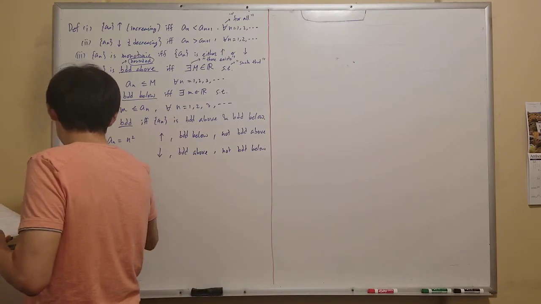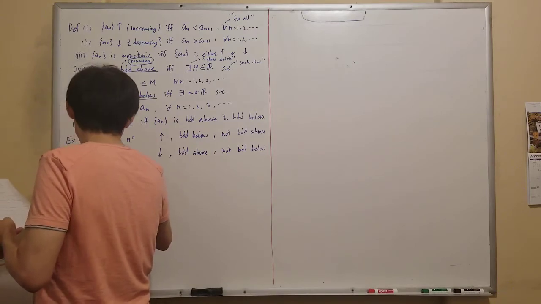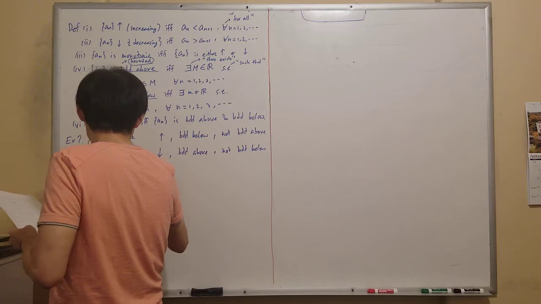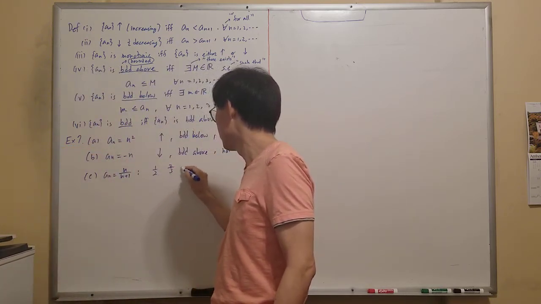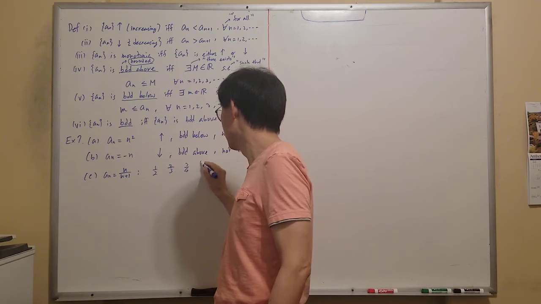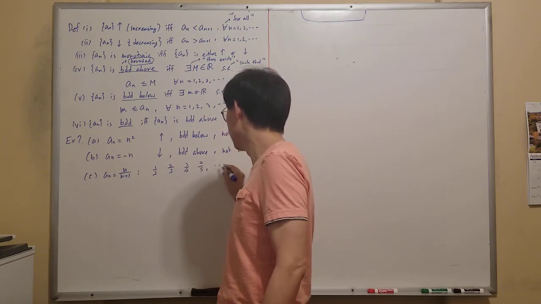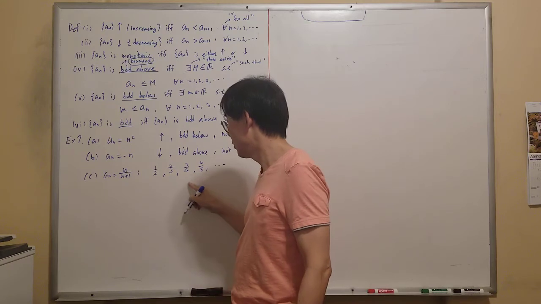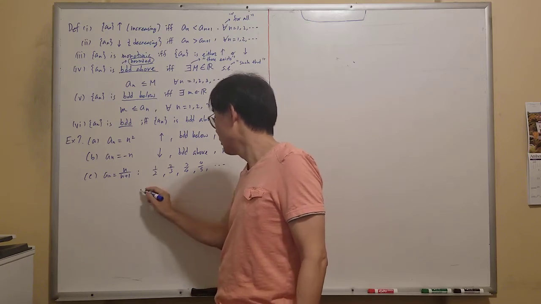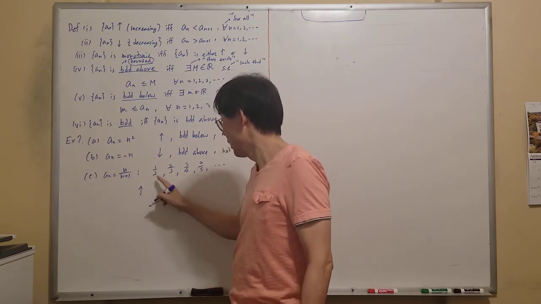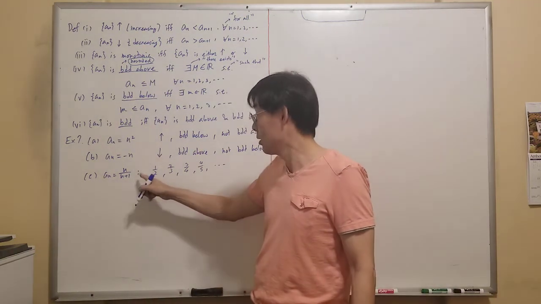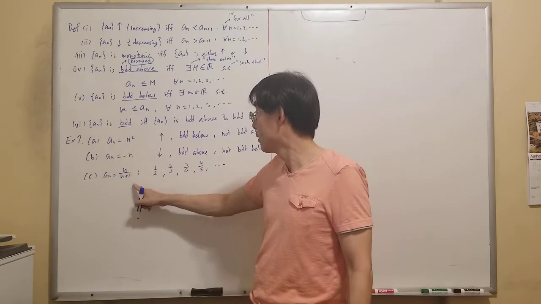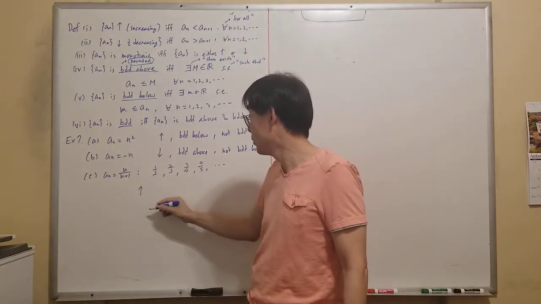What about n/(n+1)? This is 1/2, 2/3, 3/4, 4/5. This is increasing, must be increasing. All the terms are greater than or equal to 1/2. At least they are greater than 0, positive, so bounded below.